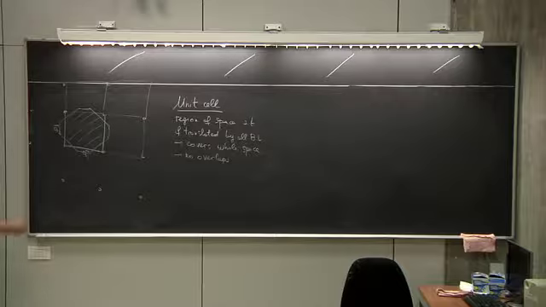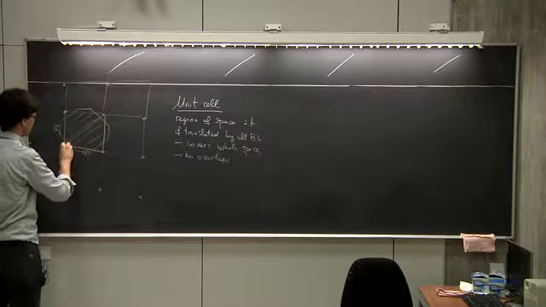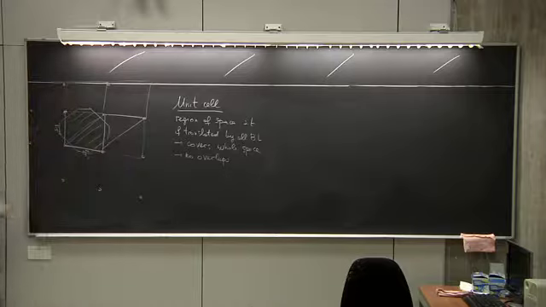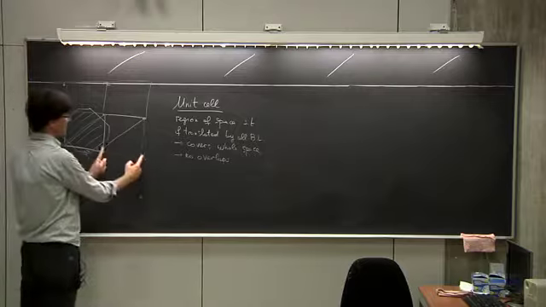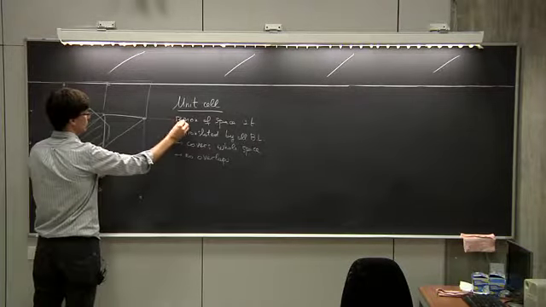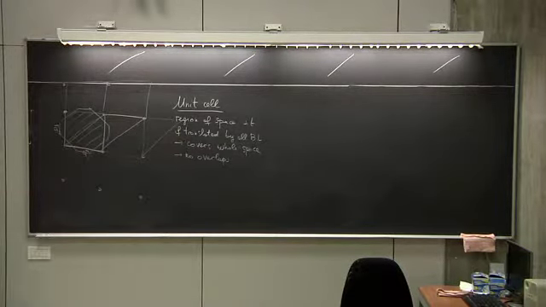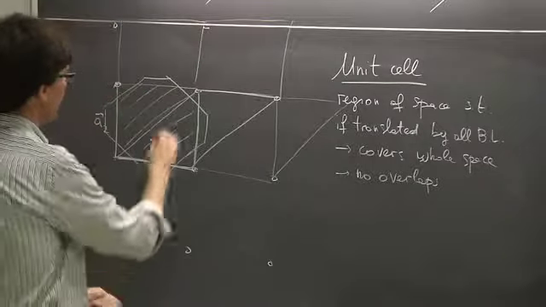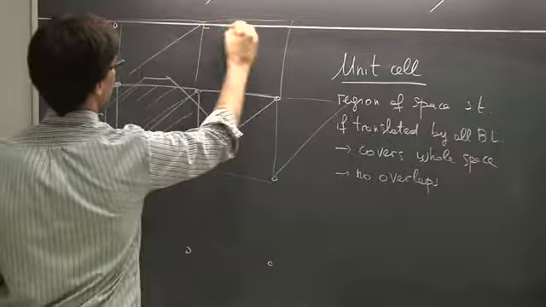Let me take another one now, this one. Is this green area a good choice for the unit cell? I'm afraid yes. I translate it by this, and I'm going to do this, right? I translate it using A2, and I'm going to end up here.